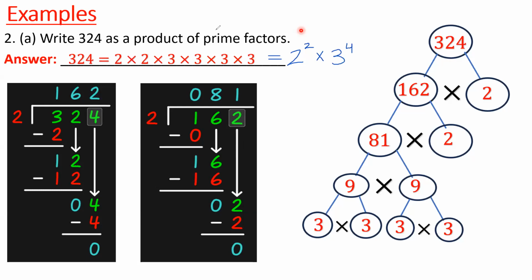First, we divide 324 by 2, and then we get 162. And then we divide 162 by 2, and then you get 81.